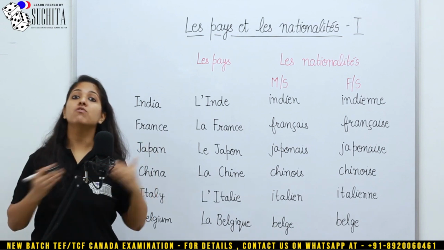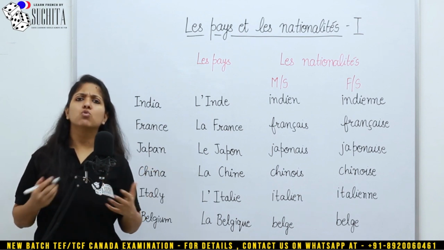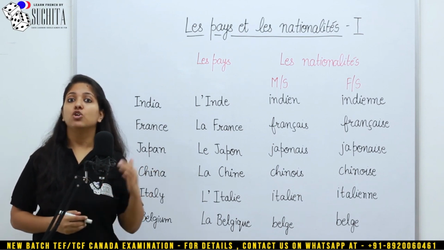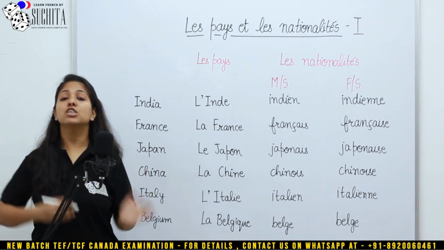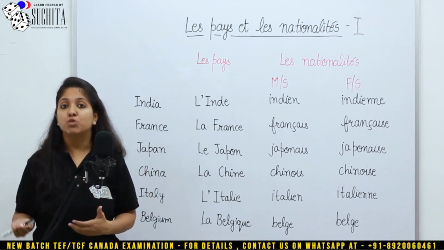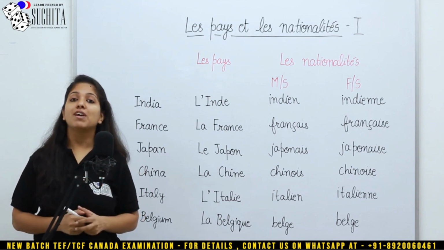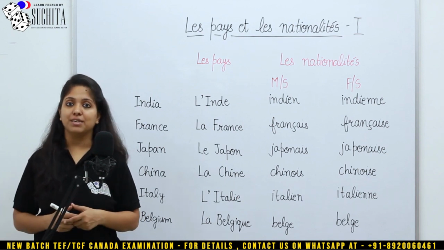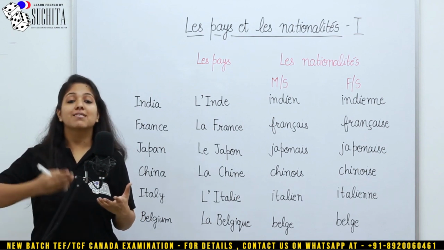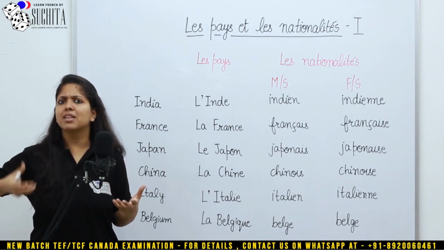So all the rules of adjectives will be applied to the nationalities. What are the rules of adjectives? In French, you make the feminine and you make the plural of adjectives according to the subject or the noun it is describing. Let's say if I say this is an Indian lady. Now Indian is describing the word lady, so you have to see that lady is feminine and singular.